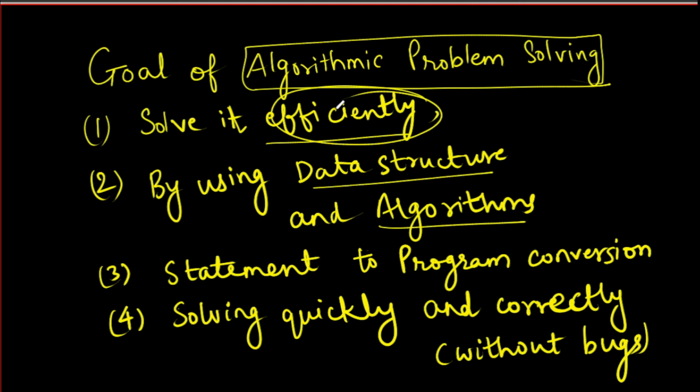And one has to be trained in such a manner where a statement to problem conversion becomes easier. And this is the main purpose of algorithmic problem solving, which is solving it quickly and correctly without any bugs.